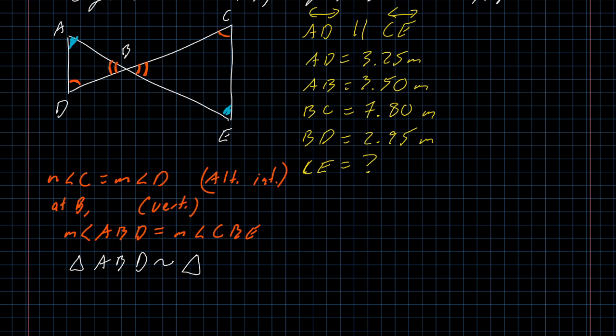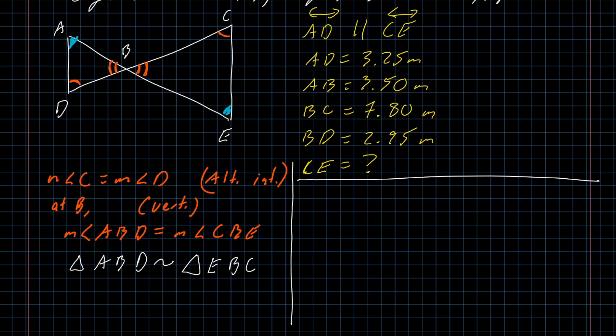Angle A matches with angle E. Angle B matches with the other angle at B, and angle D matches with angle C. I have to make sure that I take the time to name the similar triangles in the correct order. And that is going to be incredibly important because the next step relies on it.